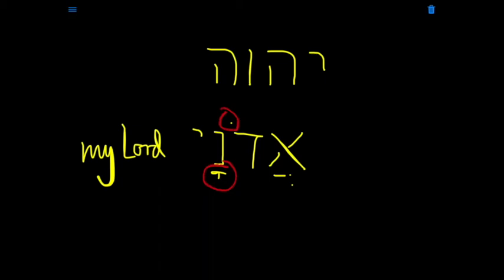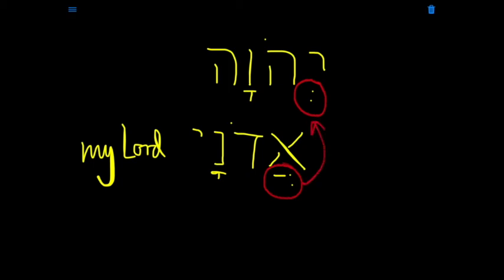So we end up with something that looks like this. Note that the composite shua here has become a simple vocal shua under the yod, because a yod doesn't take a composite shua. But effectively, that has gone to there, and that has gone to there.